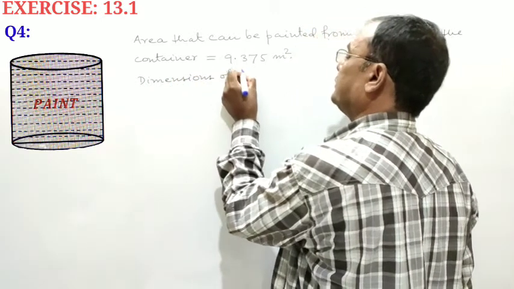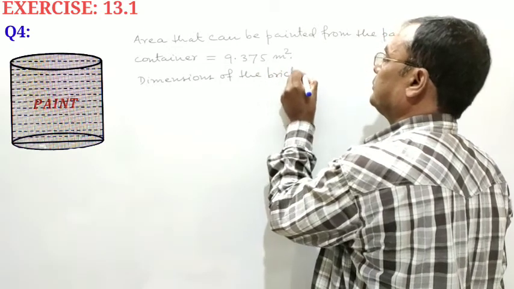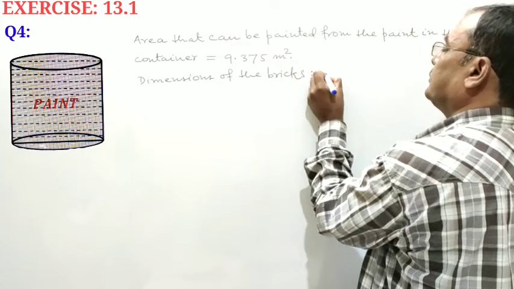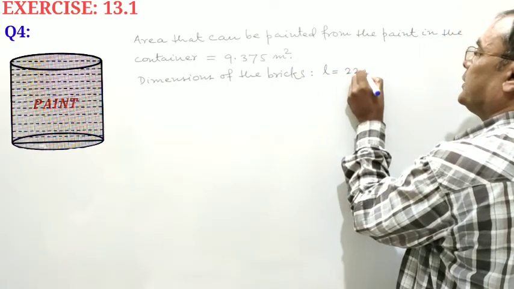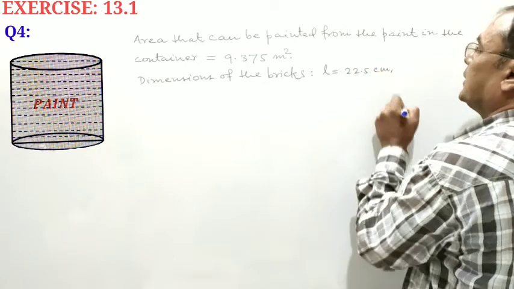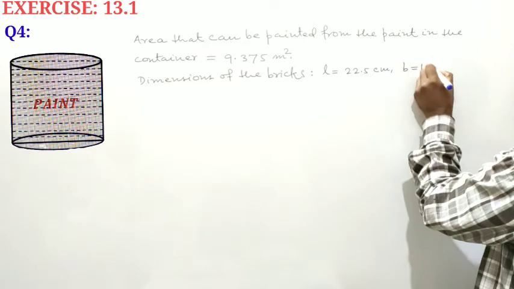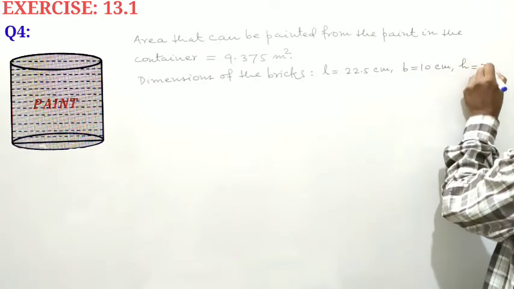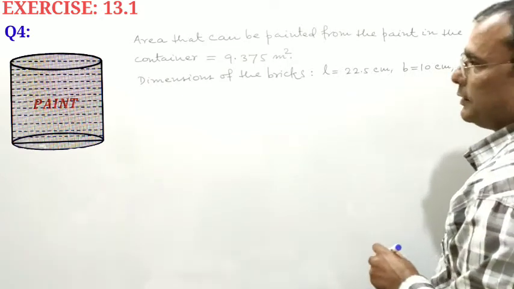And let's write dimensions of the cuboidal bricks. Dimensions of the bricks: length 22.5 centimeter, breadth 10 centimeter, and height 7.5 centimeter.